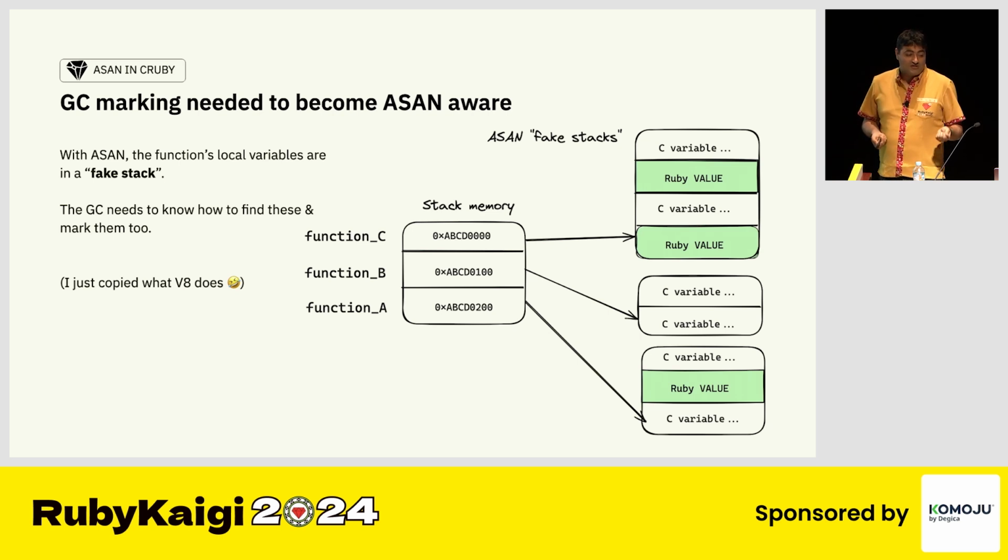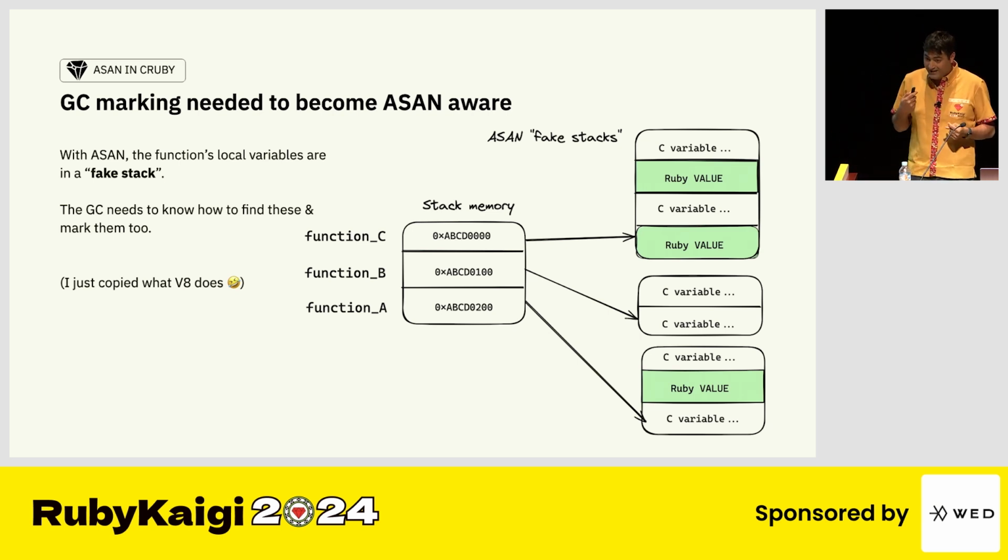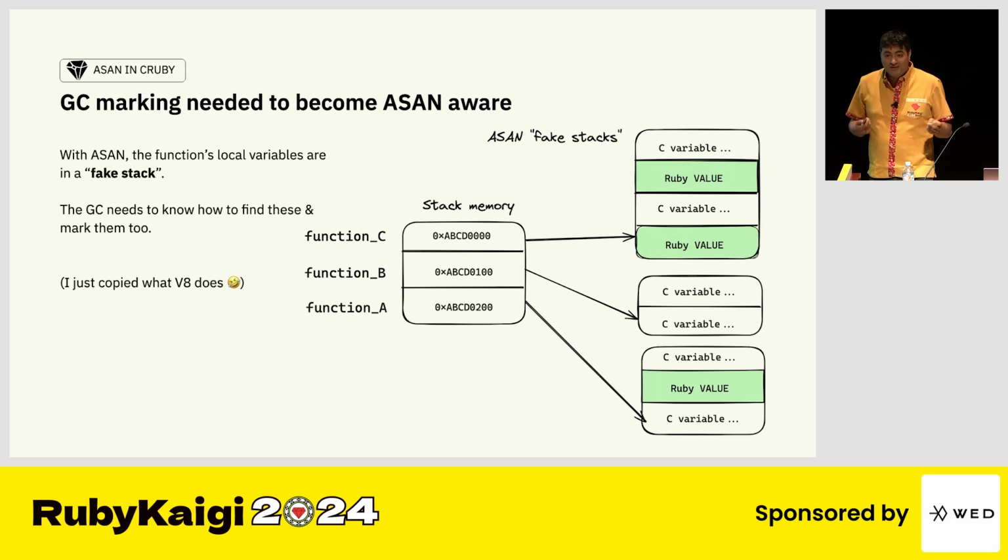So we had to teach the garbage collector how to find these fake stacks. This is actually pretty straightforward. I think a really major use case for address sanitizer is browser implementations, because they're all big C++ programs that run unsafe code with JavaScript. So they're a big juicy target.